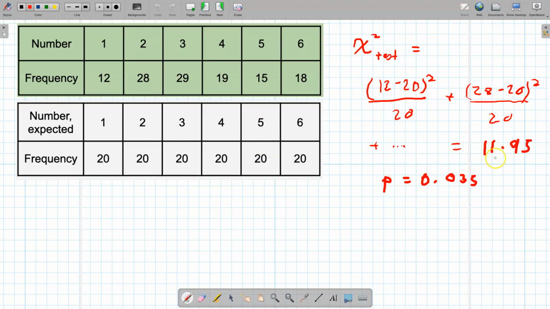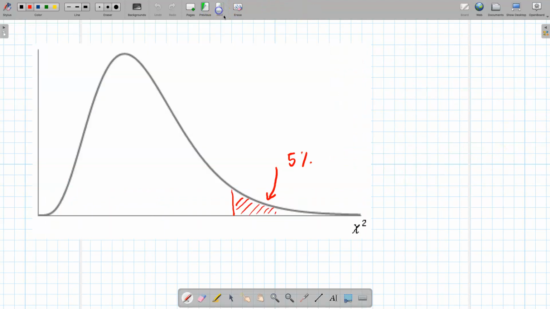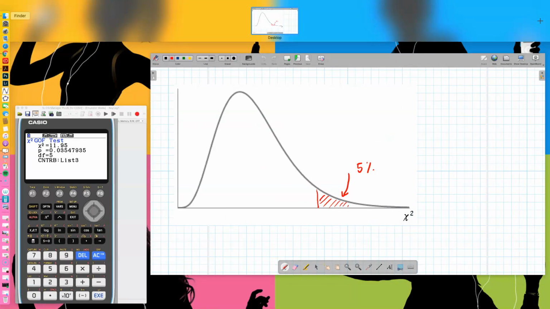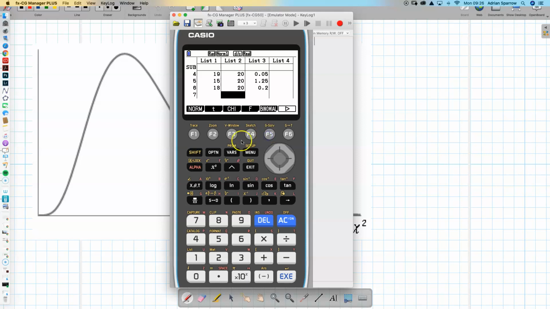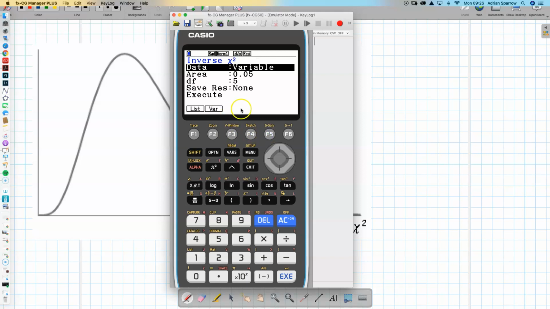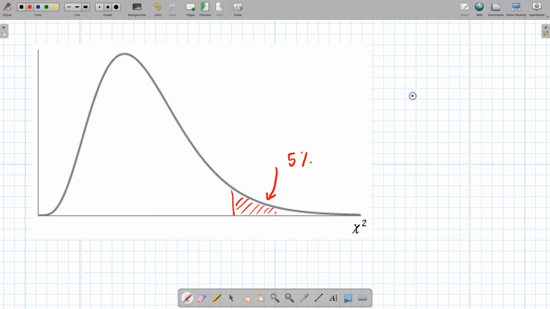My 11.95 is my test value, but I want to know what this critical value is here if I'm going to think about the critical values. So I'm going to go to my calculator and go back and go to distribution chi, and you should be used to doing these now. Sorry, inverse, then 5%, degrees of freedom are 5, and it will tell me that 11.07 is this cutoff point.